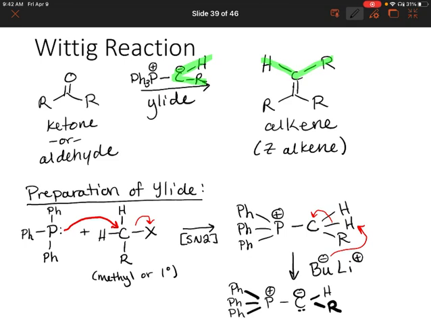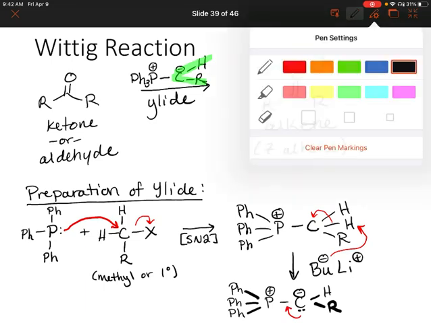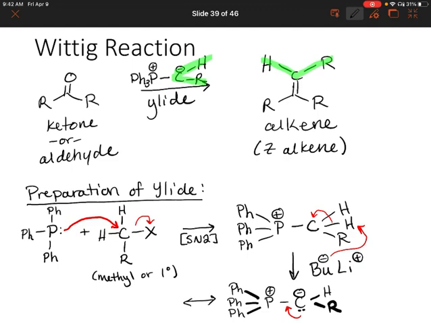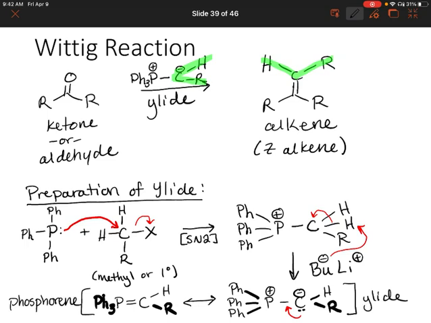Now there is a resonance structure here where the negative charge on carbon, or those lone pairs, can move over to create a double bond between the phosphorus and carbon. And this would give us a more neutral carbon and phosphorus, which is actually called phosphorane, whereas our initial structure was called an ylid.